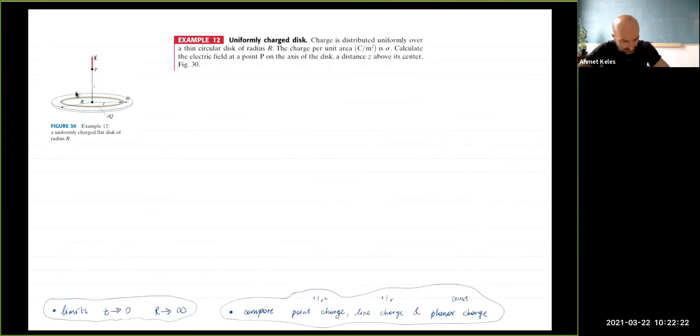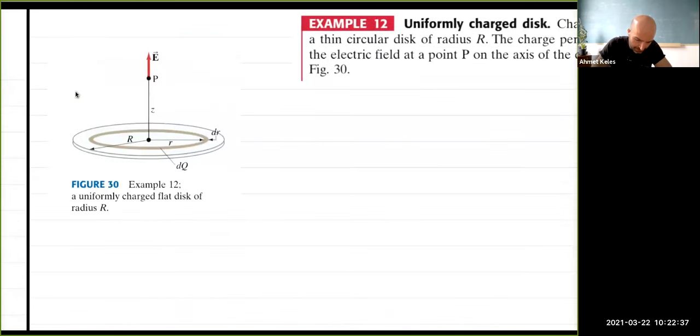Let's calculate the electric field of a disk. What else do I have here? So given a disk like this, and I again put a plus q on the disk, and I am interested in the symmetry axis along here, which will always be the case, right?